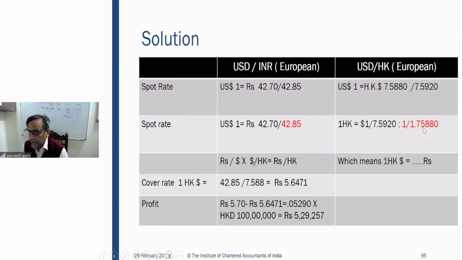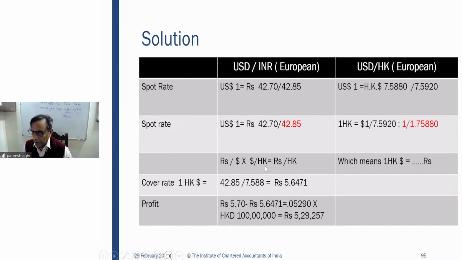So this will become the bid, and this, 1.759, has become the ask here. So in both cases, ask rates are relevant. They are going to first buy US dollars and then buy Hong Kong dollars, so in both cases we look at the ask rates.